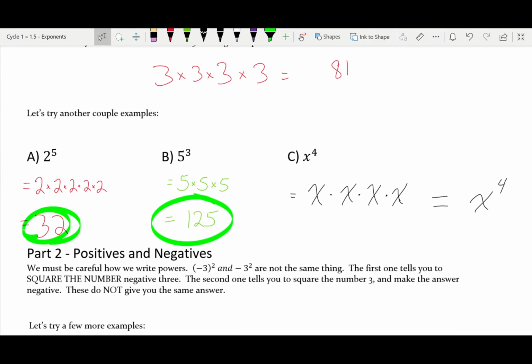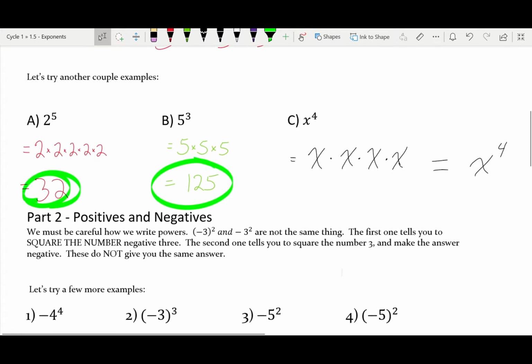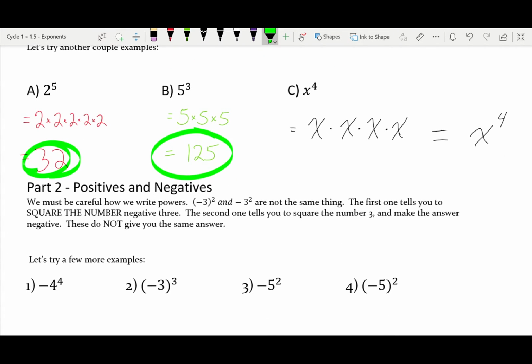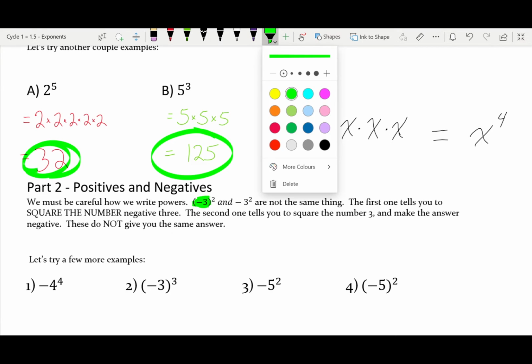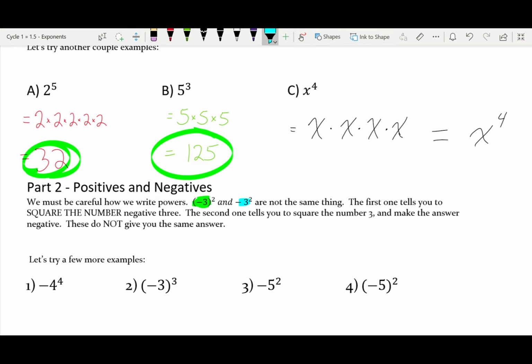Now, sometimes we're going to do something with an exponent that might have a negative number. We have to be very careful because this value right here, negative 3 in brackets to the power 2, is not the same as this.